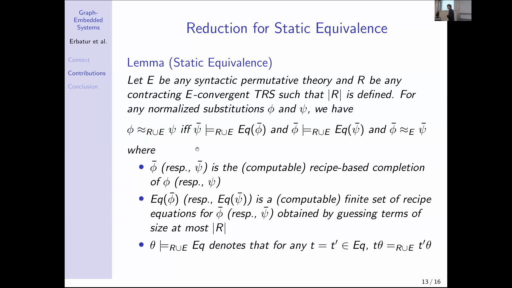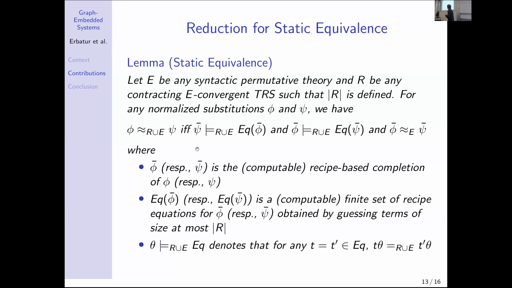These substitutions are again obtained by a saturation process, and in addition to the saturation leading to deduced terms, we have to replace the deduced terms by the recipes. So we omit the substitution and we have just the recipes, and this is how we get these new substitutions.